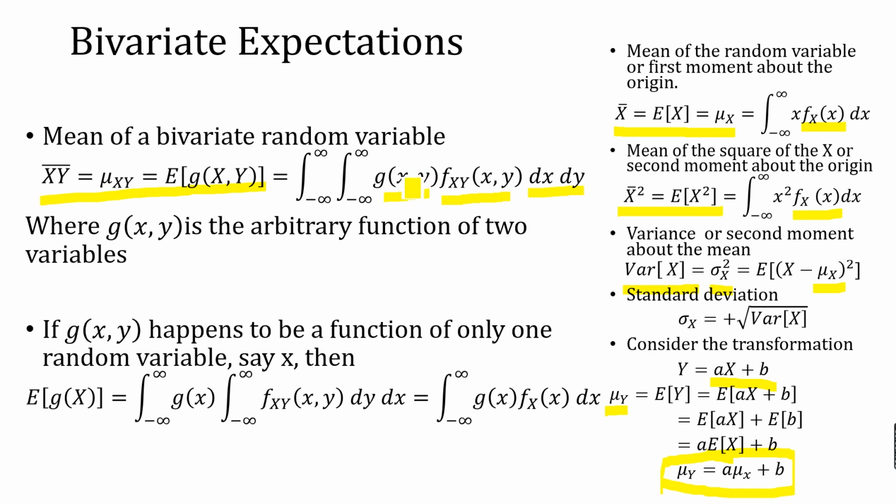So g is defined only in terms of x, so take it outside. Then the integral of f of x comma y dy times dx, f being the bivariate probability density function. And we know the formula: integration of the bivariate density with respect to y can be replaced by fx of x, which is already discussed. So using the bivariate probability density function, if the arbitrary function is defined only in terms of x, then we can calculate the expectation of a single random variable x.